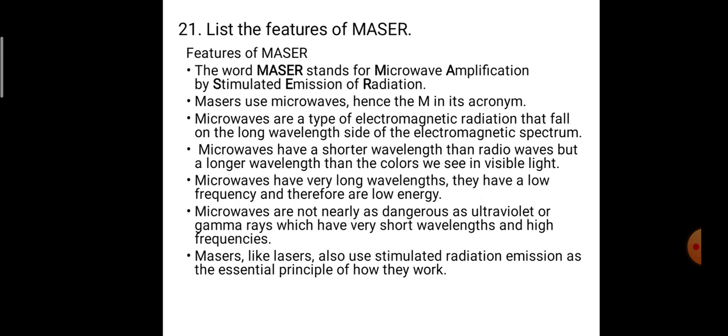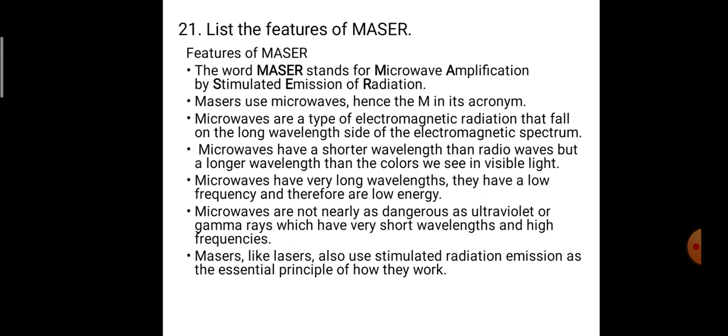21. List the features of maser. Now we are discussing the features of maser. The word maser stands for microwave amplification by stimulated emission of radiation. Masers use microwaves, hence the M in its acronym.